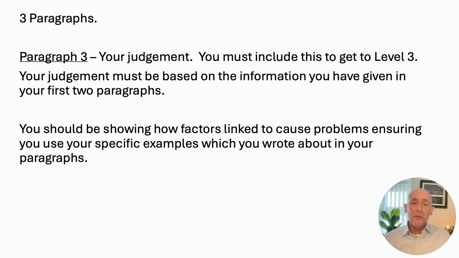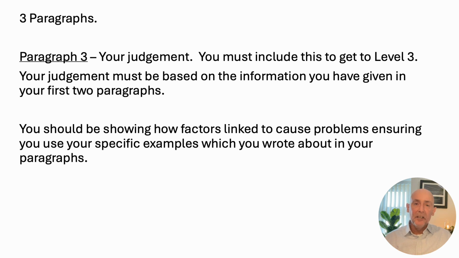So, final paragraph, your judgment, and you really must be including this to get to a level 3. If you want to get above half marks, you've got to include that 3rd paragraph, which is your judgment. And it's got to be based on the information you've given in paragraph 1 or paragraph 2, or both of them. It's no good bringing new information in at this point.